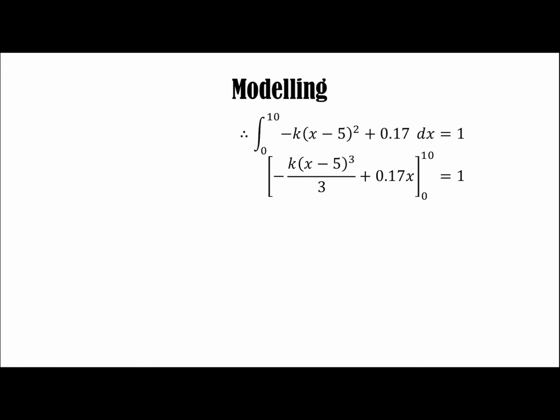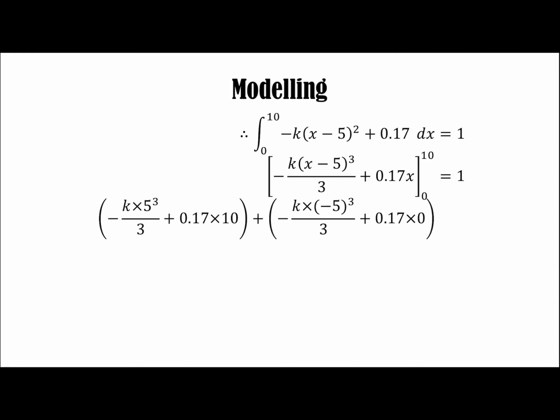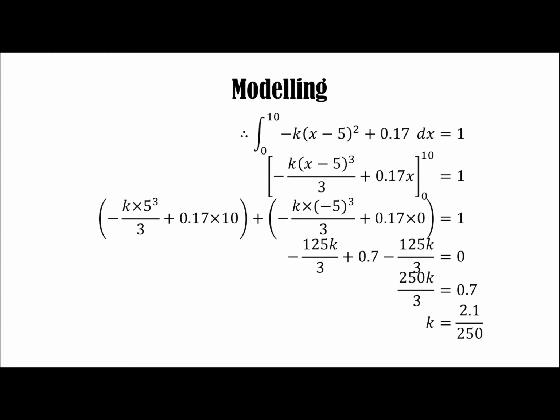So what we do, we integrate. You need to know integration for this one, with limits 0 to 10. So integrate, substitute the values for limits, solve for k, and in this case we are getting k is 21 over 250, which is 0.0084.